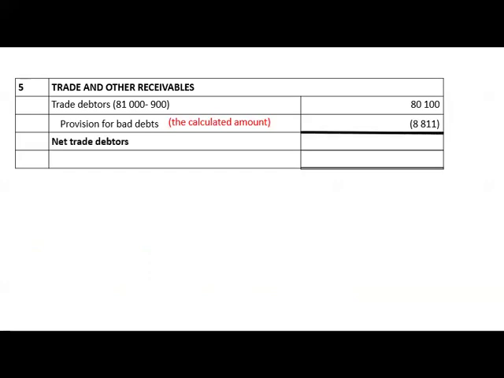Trade and other receivables. Trade debtors, it was 81,000, but that 81,000 was wrong. We need to reduce it by 900. So we'll be left with 80,100. And our provision, which one do we put in there? 9,811 or 8,811? 8,811, because that's the one that we calculated. That is the one for this year. Our net trade debtors will be the difference between the two. And I hope you notice, guys, that for provision, there's always brackets.